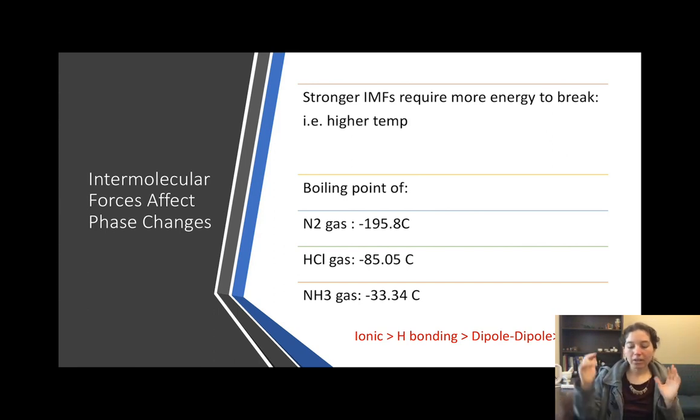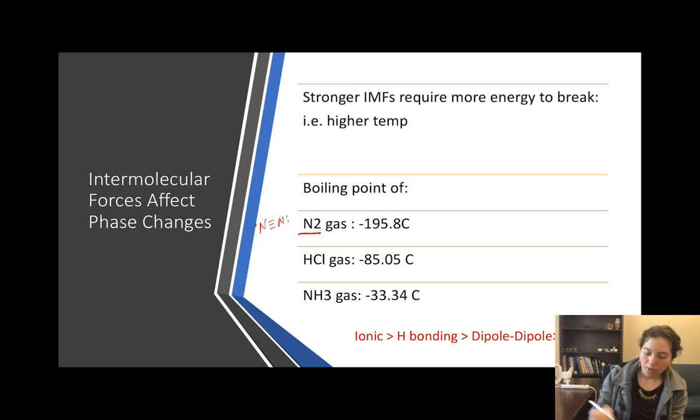So what we know is that between different types of molecules, we have different types of intermolecular forces. So between, say, nitrogen gas, which is N2, it looks like this, versus, say, HCl, which is also a gas, it looks like this, versus NH3, which is also normally a gas at room temperature. Sometimes it can be a liquid.